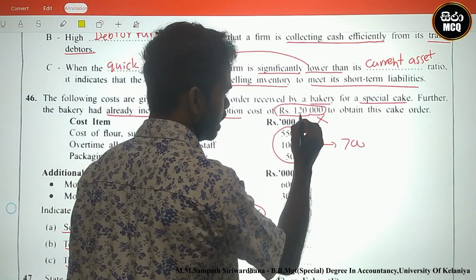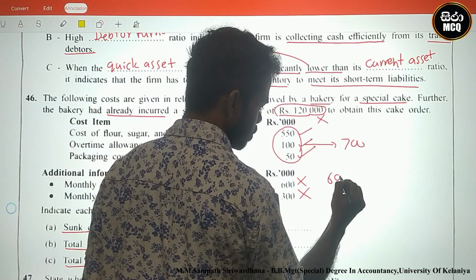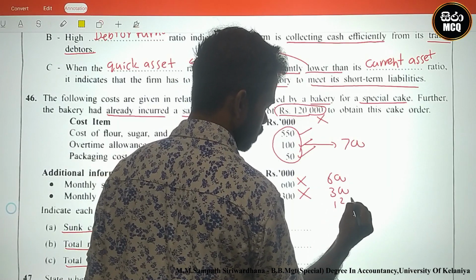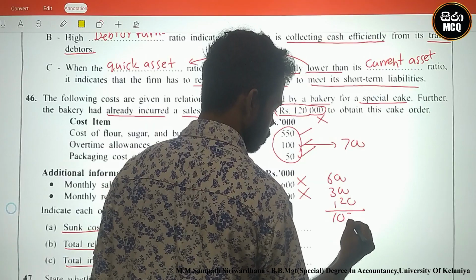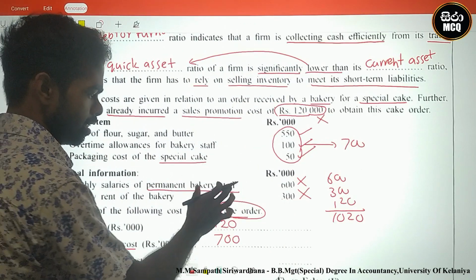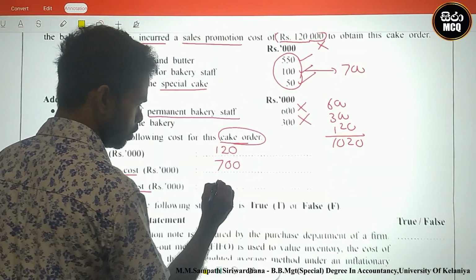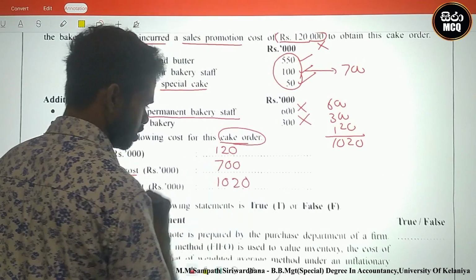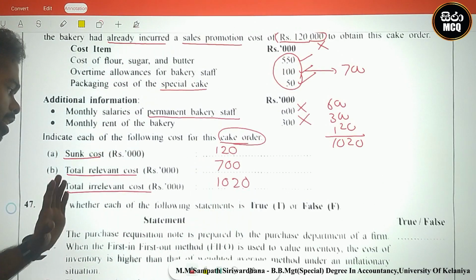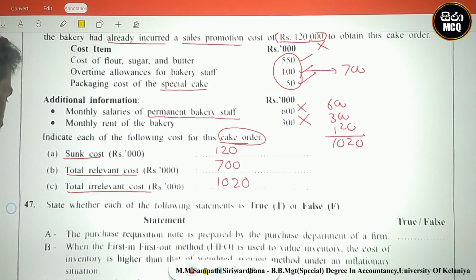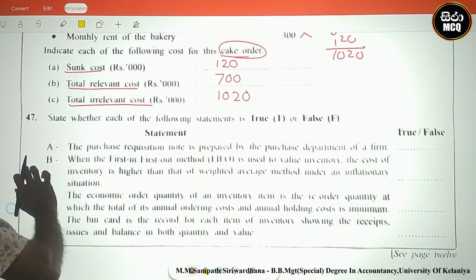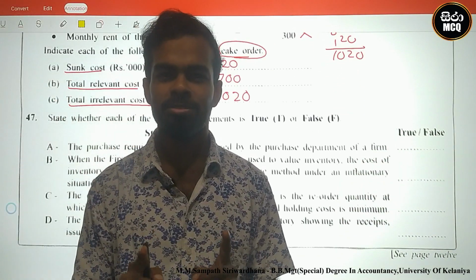Therefore, I add 600, 300 and 120, which is 1020. Okay, 1020 is the answer. These are the answers for cost classification. In the next video we will meet question number 47.